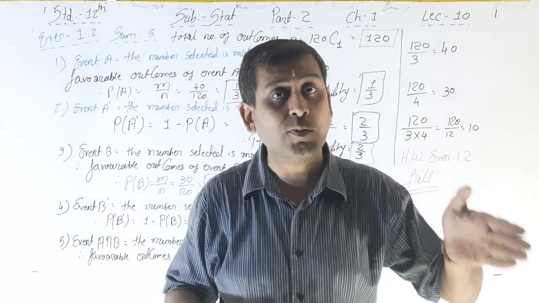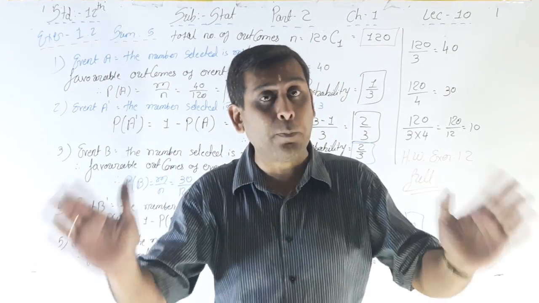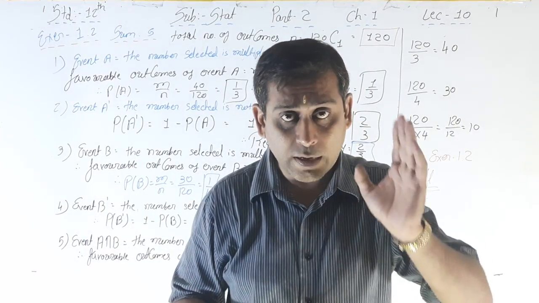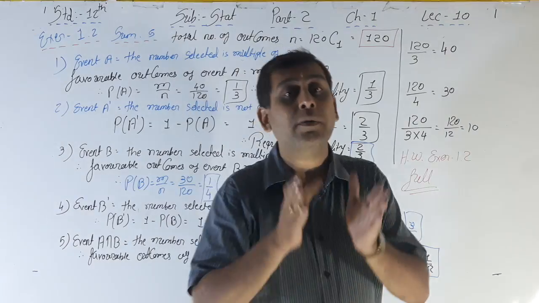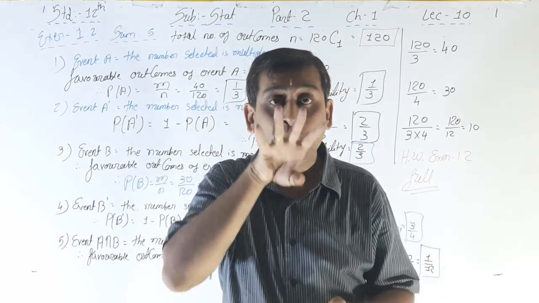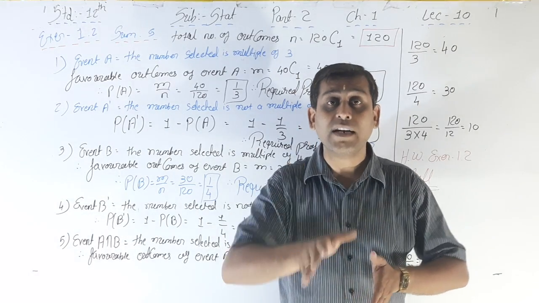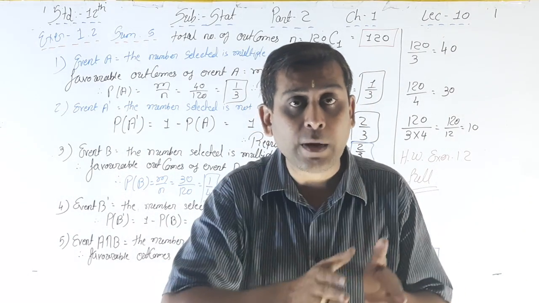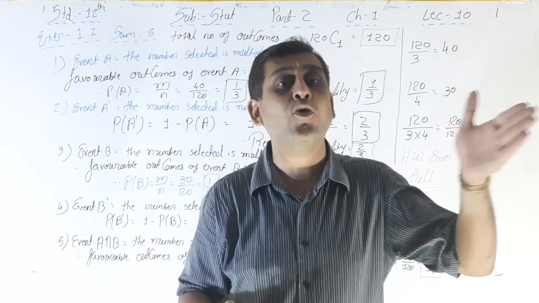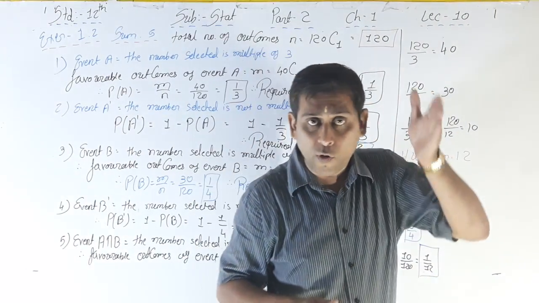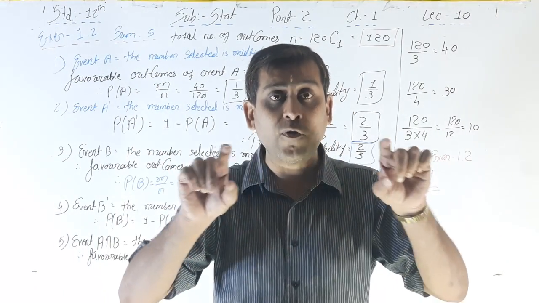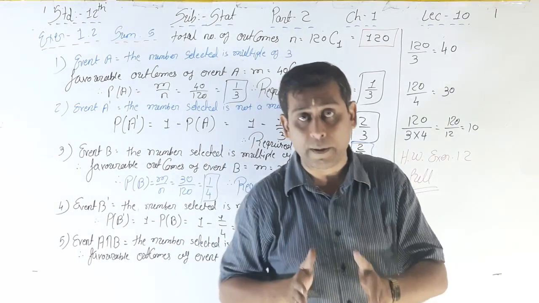R on the first place is compulsory, M on the last place is compulsory. And between these two, the remaining 4 letters are there and 4 places are also there. That's why we arrange 4 different letters in 4 places in 4P4 ways. That's why we can say 1P1 into 4P4 into 1P1 is the favorable outcomes of event A.